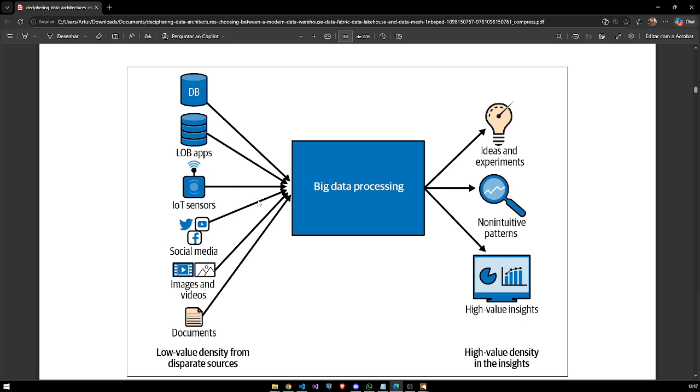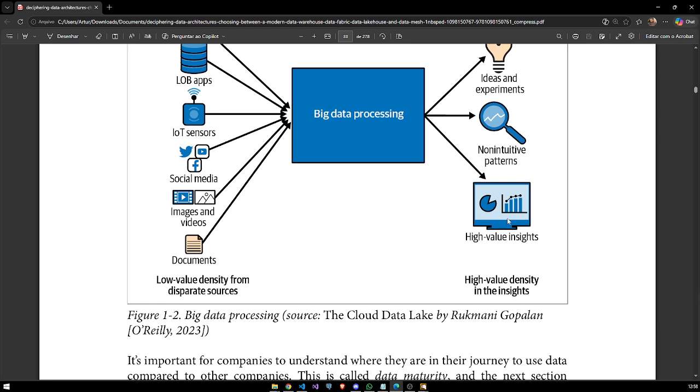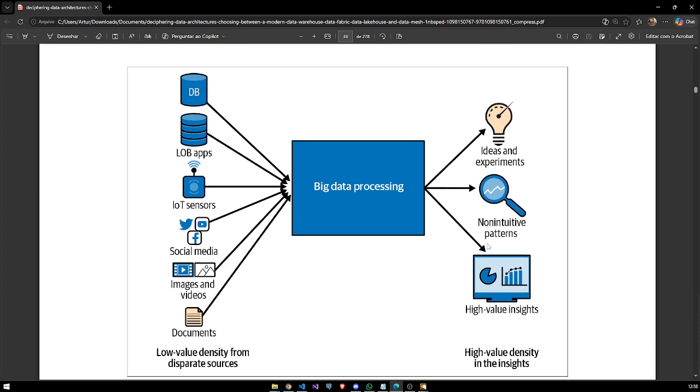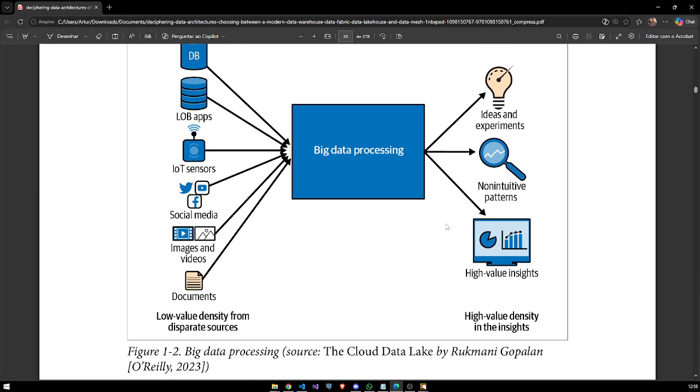So it's going to pass through a pipeline that processes this data, and it's going to generate ideas, patterns, or dashboards with high-level value insights, especially for business people and stakeholders.